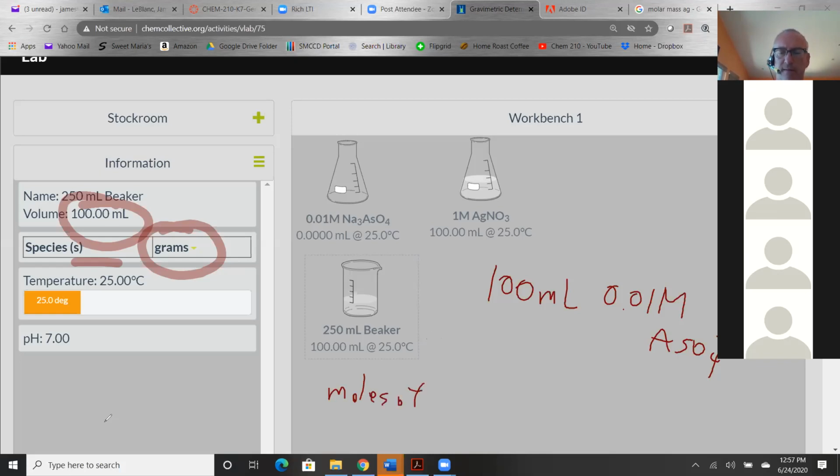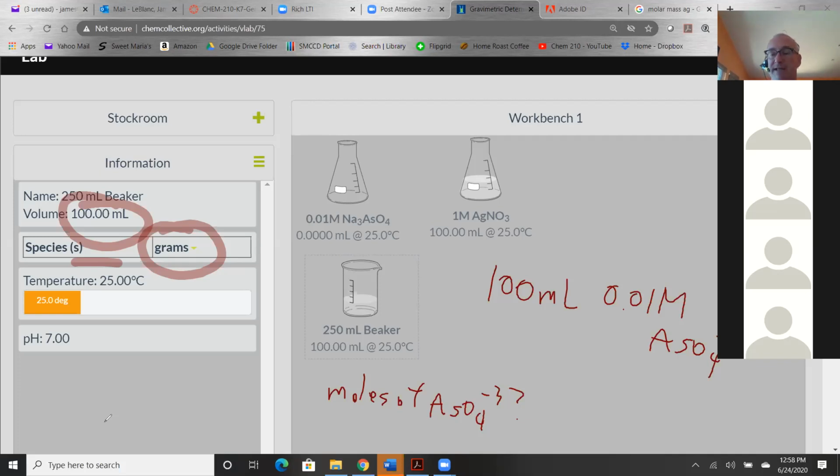Moles of arsenate. Do we divide 0.01 moles of arsenate over 100 ml of water? Nope. Remember, I never want you to divide anything. Always multiply with units, because then you can see whether you've done the conversion properly.